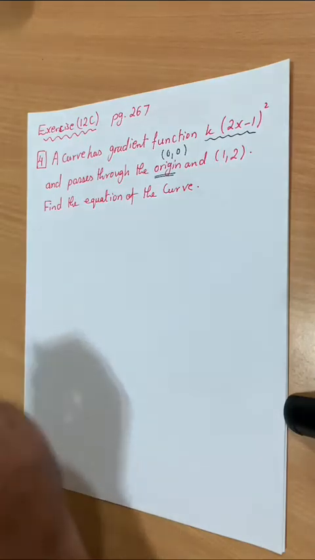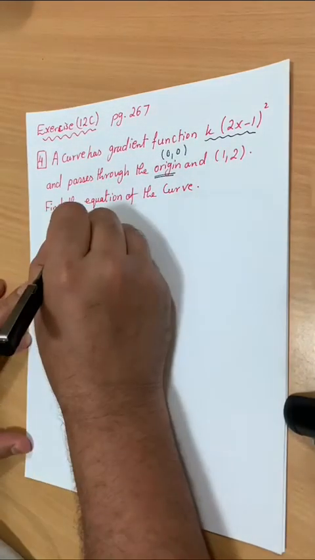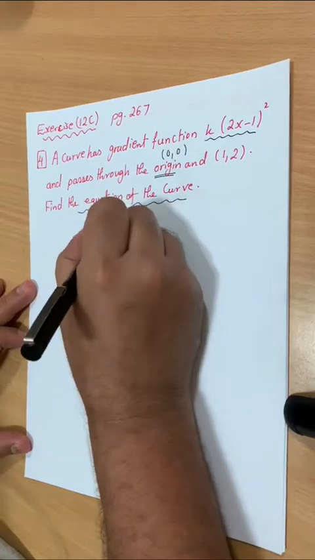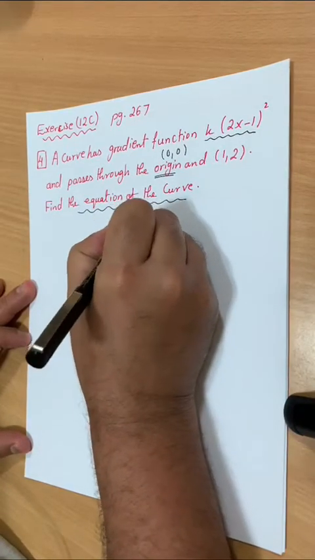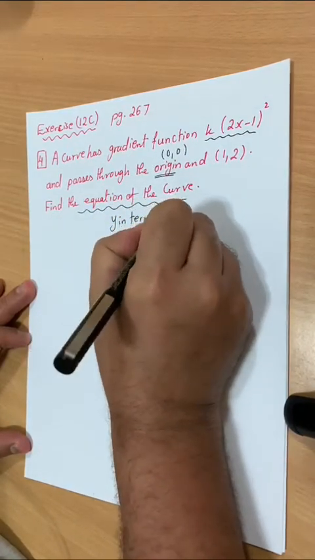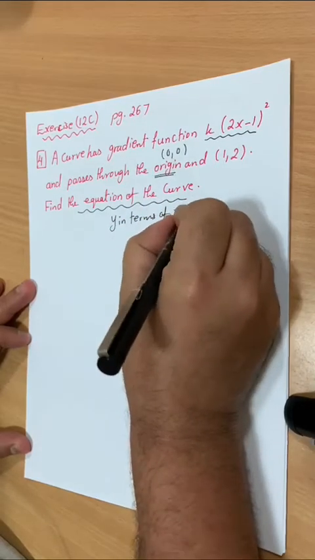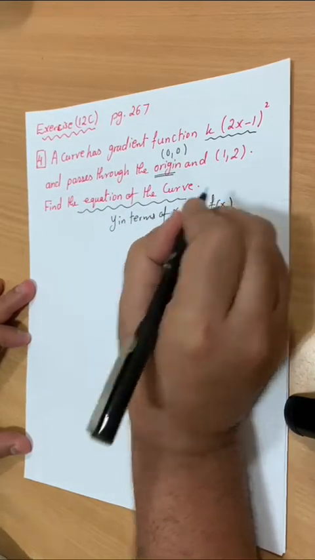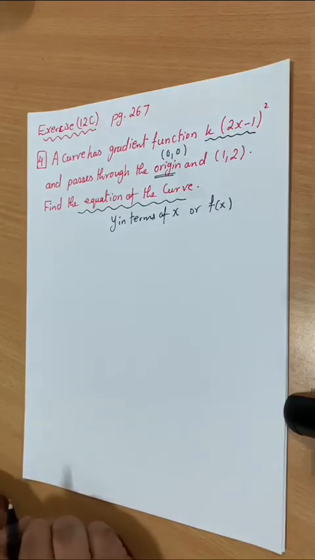If the question asks you to find the equation of the curve, or y in terms of x, or find f of x, you have to understand from the question directly it's required to do integration.